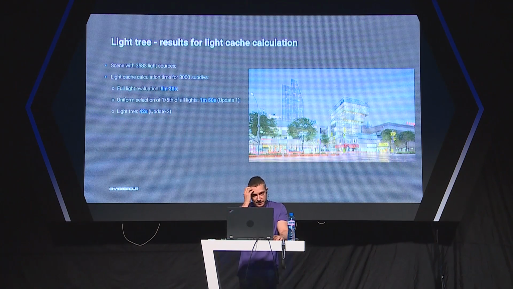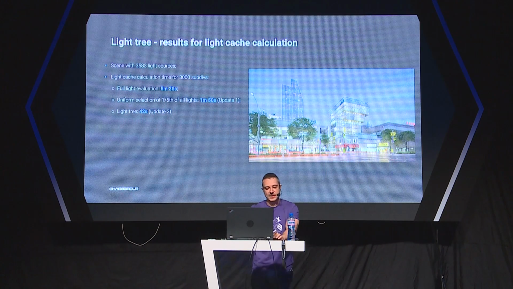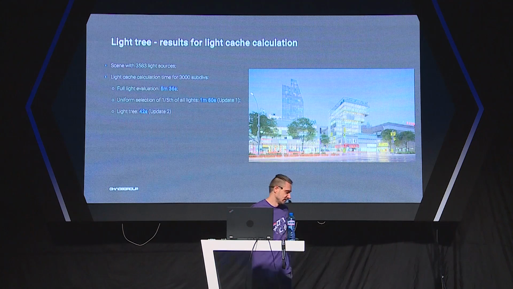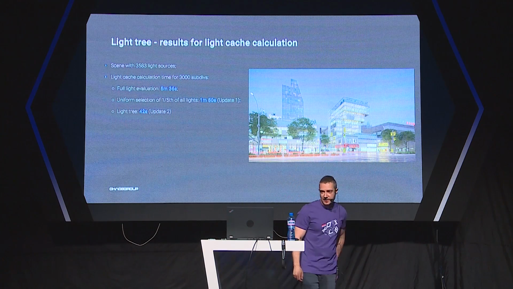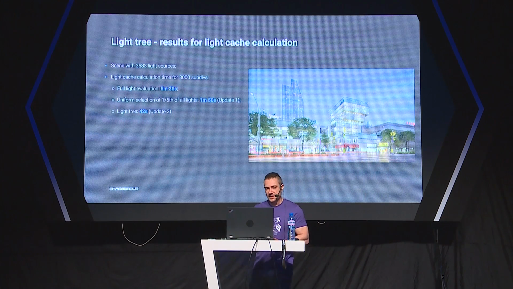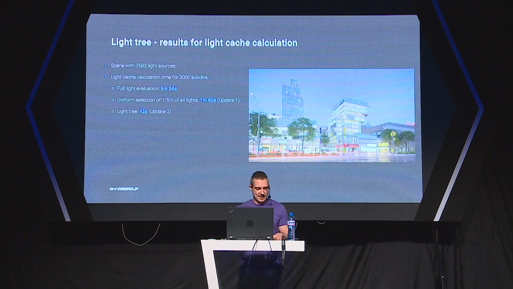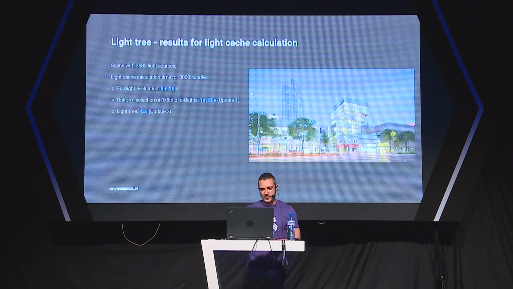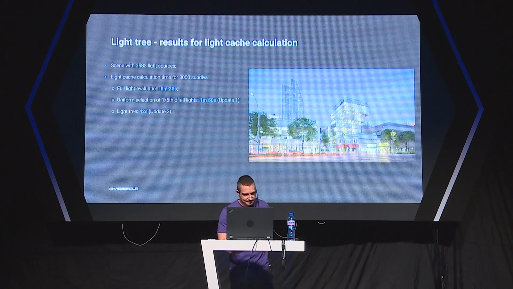For a light cache with a little bit higher settings, with the full light evaluation, where at every single point you evaluate all the light sources in the scene, the light cache itself would take 5.5 minutes. This is without the final rendering, just the light cache calculation.